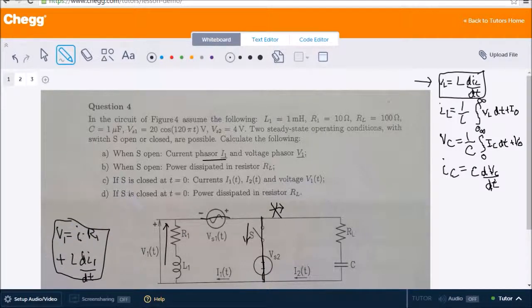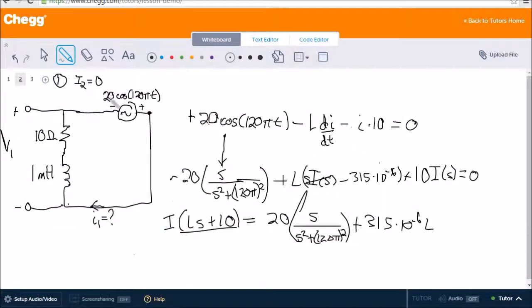If S is closed at time equals 0, power dissipated in resistor RL. So this, I believe, will also be a function of time, because your voltage is going to change over your resistor over time, because your voltage over your capacitor is going to change over time. So remember, we use superposition.